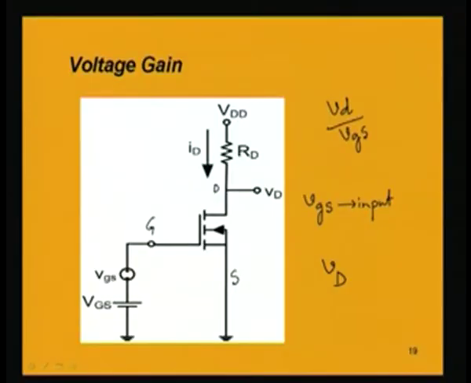We need to keep the gate to source voltage at a positive value and the drain to source voltage should also be positive. To achieve that, we have the two DC voltages as shown here, which are capital VGS and capital VDD.